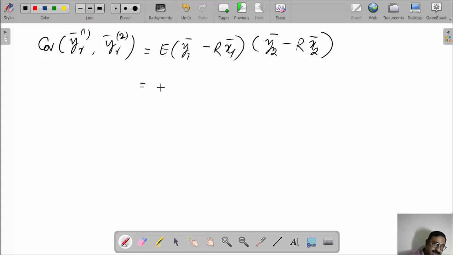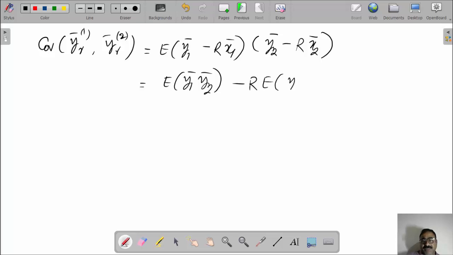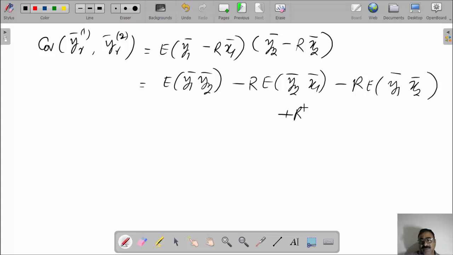This is equal to expectation of y1 bar y2 bar minus r expectation of y2 bar x1 bar minus r expectation of y1 bar x2 bar plus r square expectation of x1 bar x2 bar.